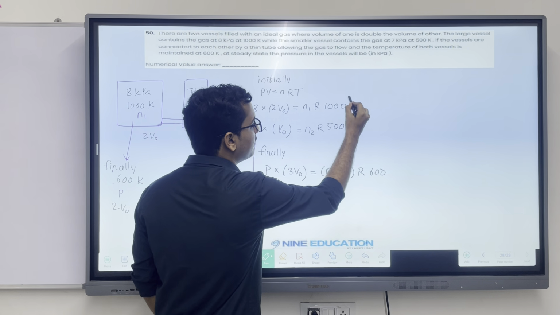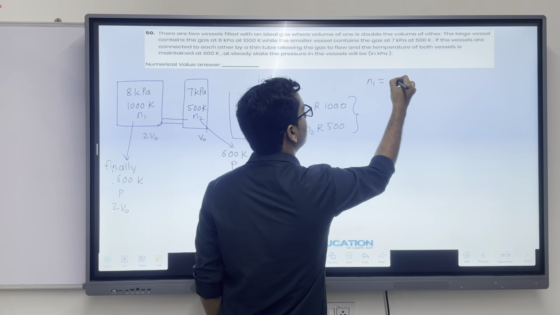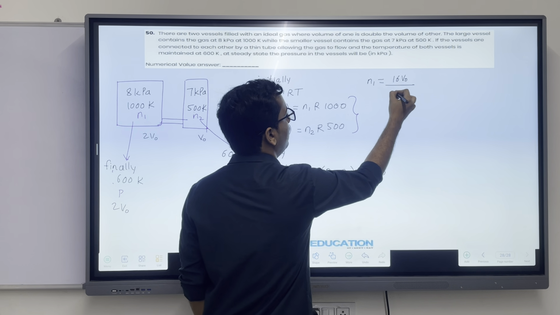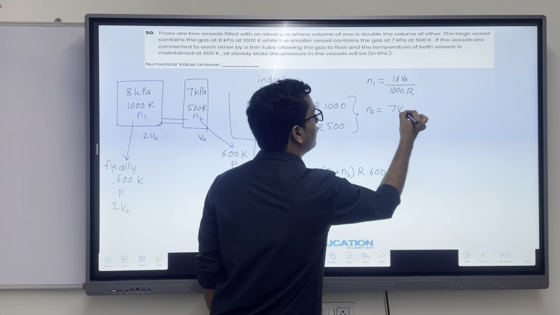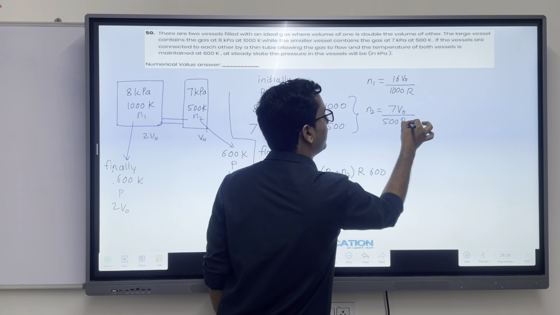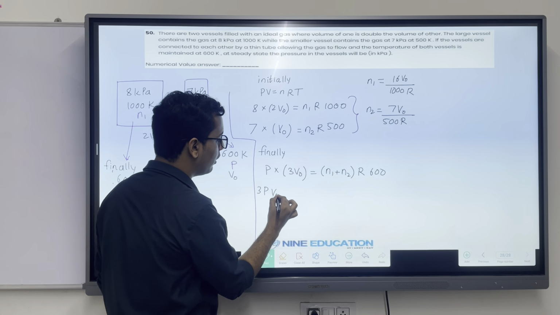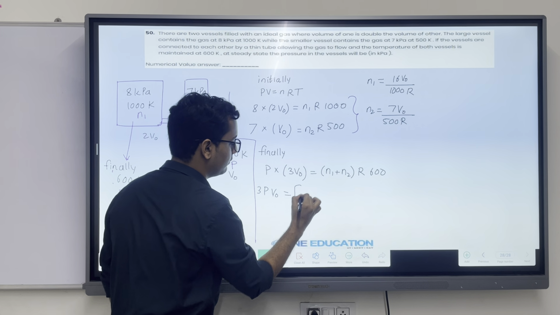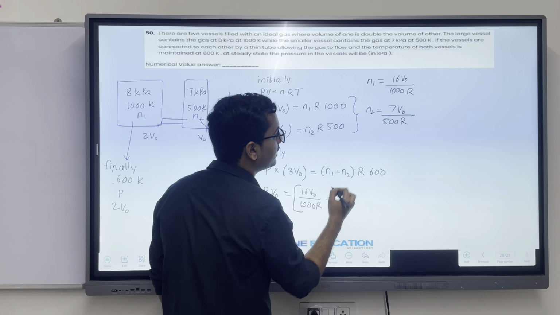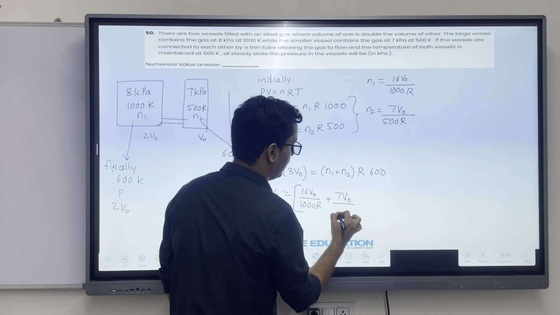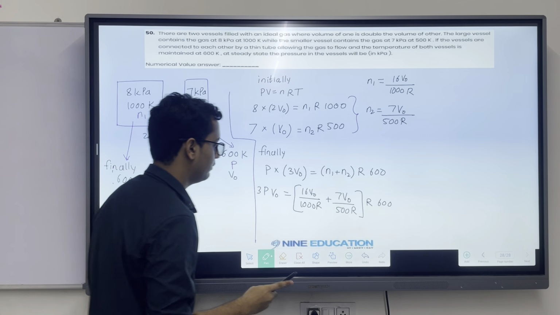So simply compare these equations. From the initial equations, n1 is nothing but 16V0 divided by 1000R, and n2 is nothing but 7V0 divided by 500R. Substituting these n1 and n2 values, I get 3PV0 equals 16V0 by 1000R plus 7V0 by 500R, into R into 600.